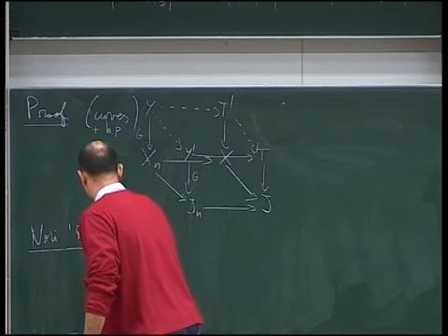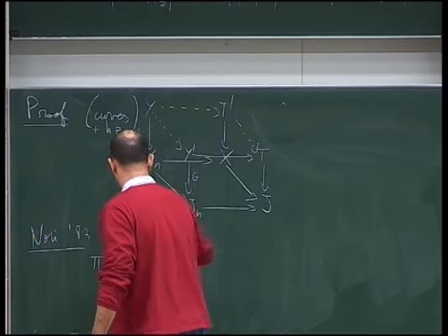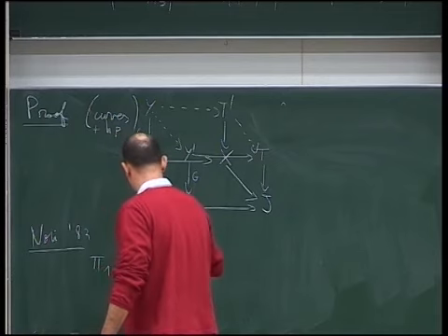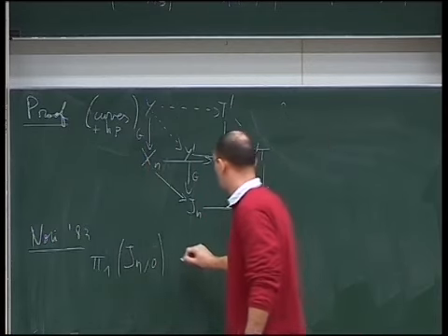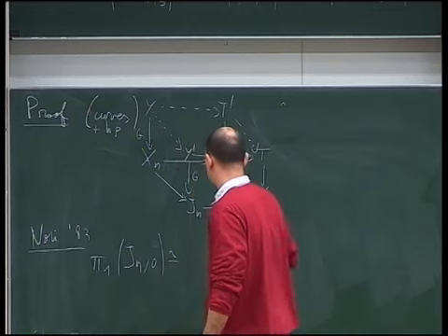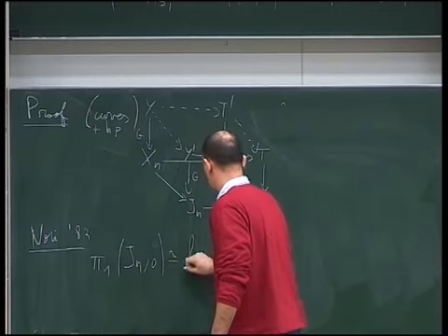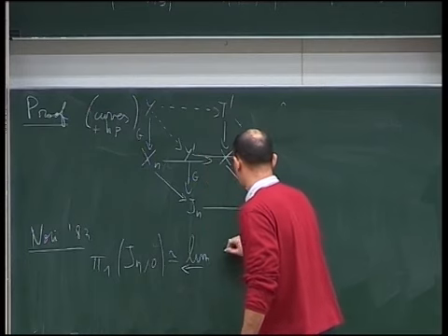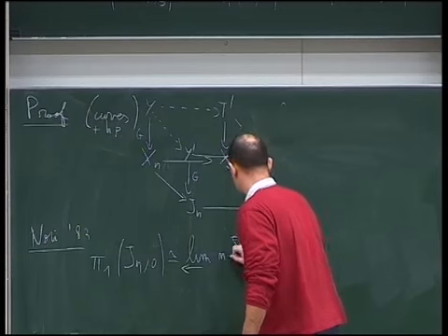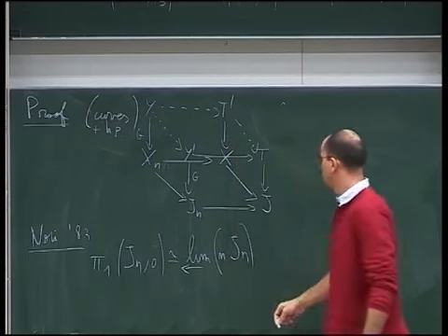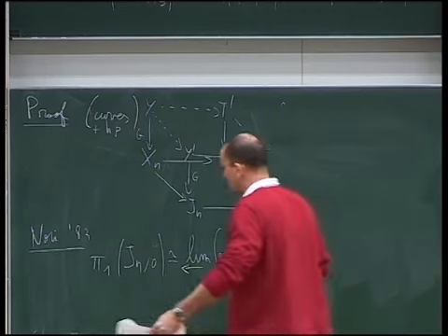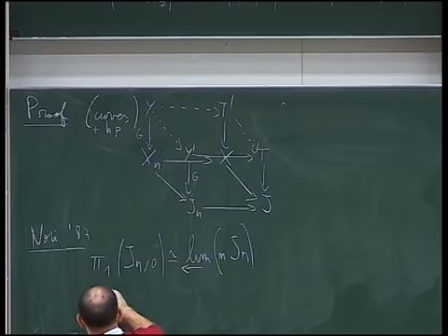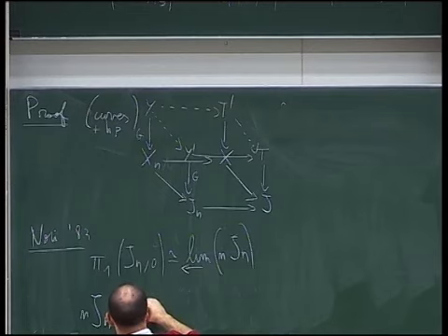He proved that the fundamental group scheme of an abelian variety in the origin is the projective limit of the ng eta, where the ng eta are the kernel of the multiplication by n.